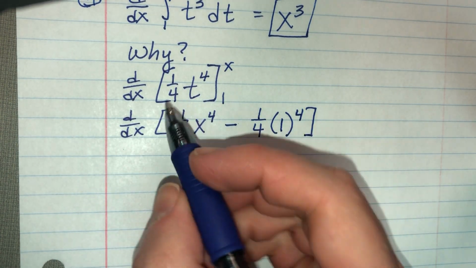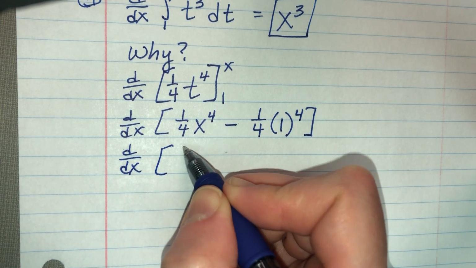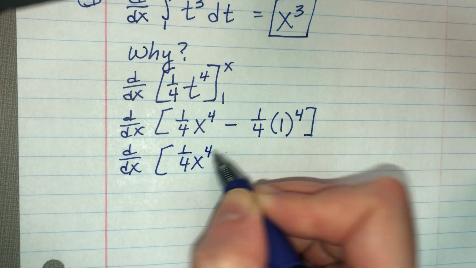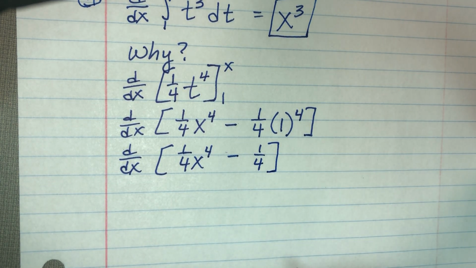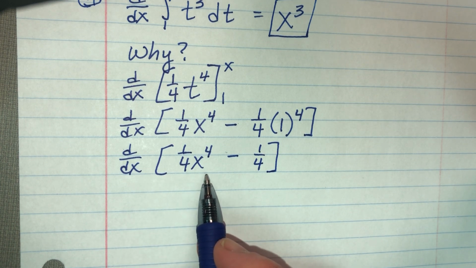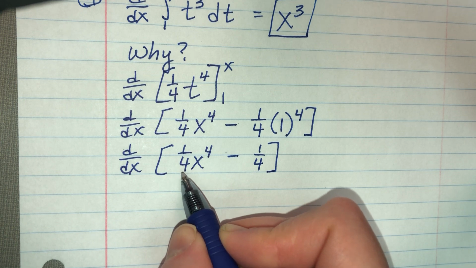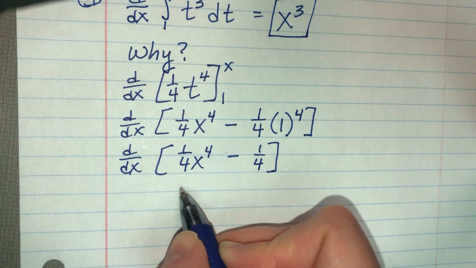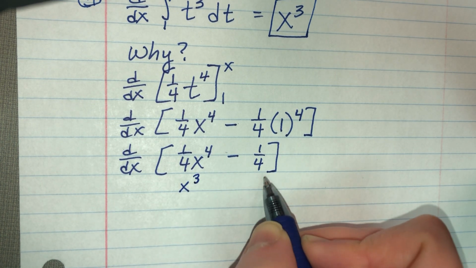Okay, so we're going to take the derivative of 1/4 x to the 4th minus 1/4. So now if I take the derivative of 1/4 x to the 4th, I bring the 4 down and multiply it by the 1/4, which gives me a coefficient of 1. And then I subtract 1 from my power using the power rule with derivatives. That'd be x cubed.